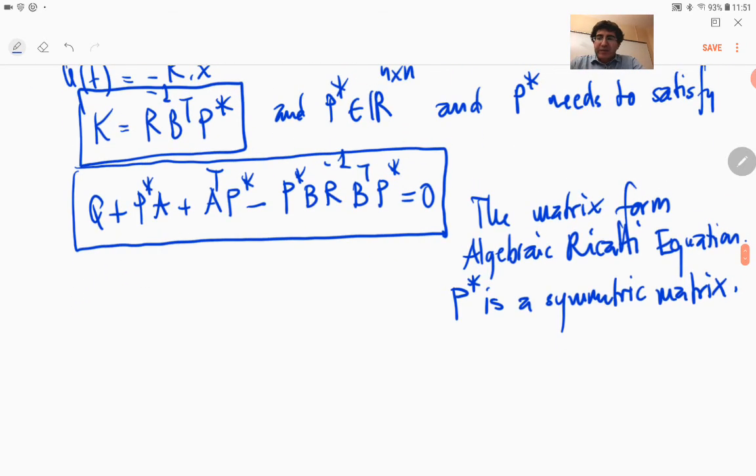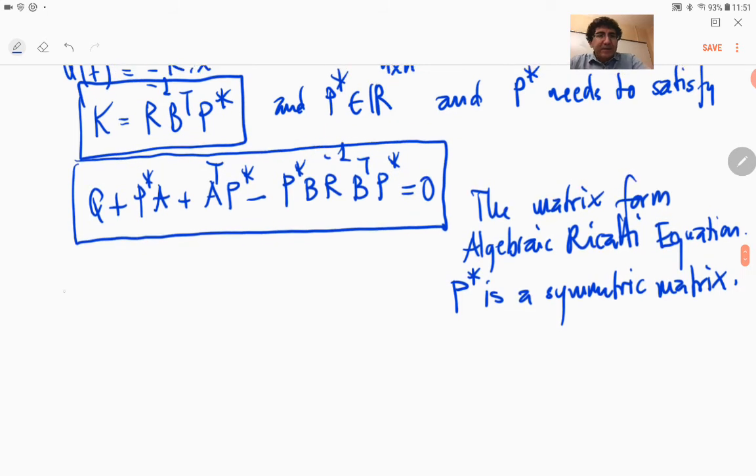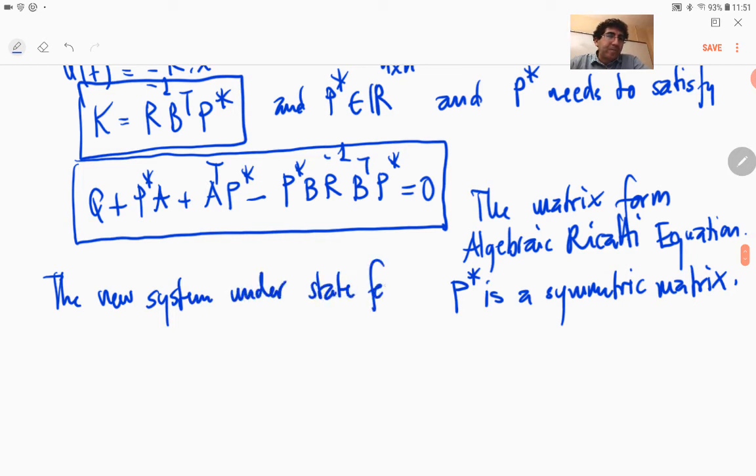Now, once we do this, the new system under this state feedback, and this is from the earlier equation, okay?